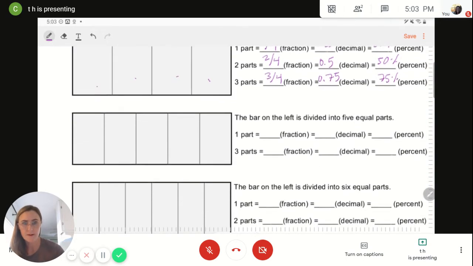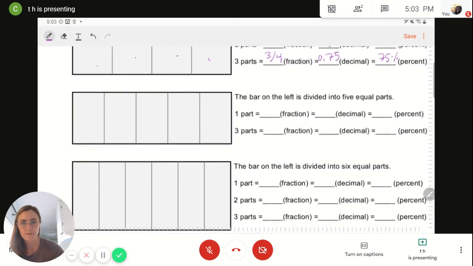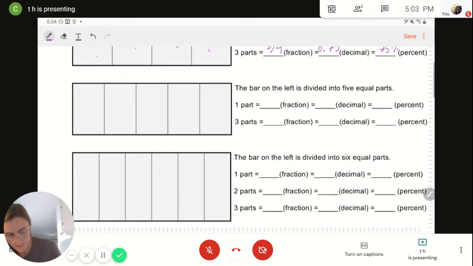The bar on the left is now divided into 5 parts. So if I have 1 part, this is now 1 of 5 as a fraction. As a decimal, I know that this is 0.2, and 20% as a percent. If I were to take 3 parts, this would be 3 of 5.